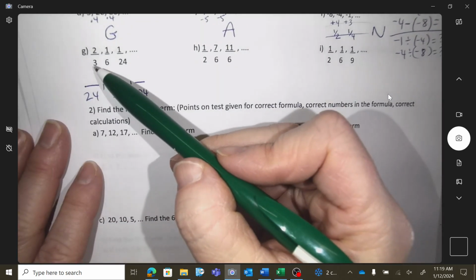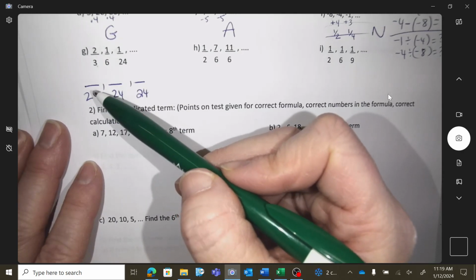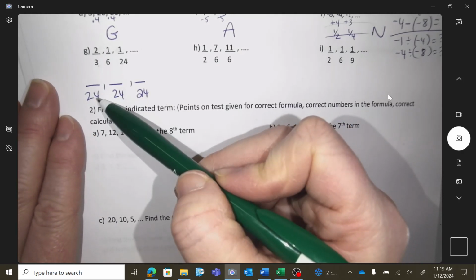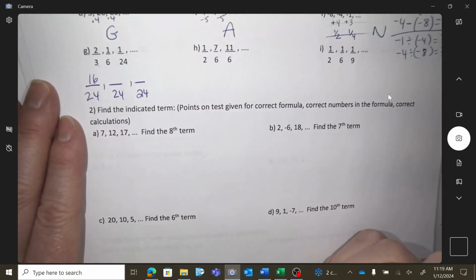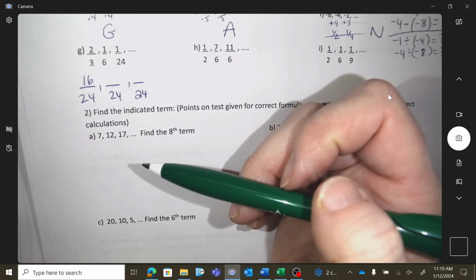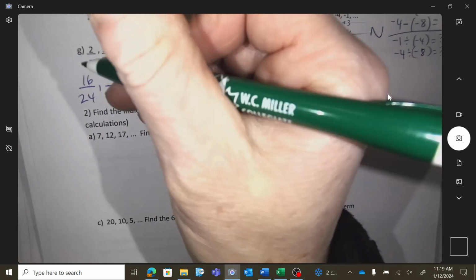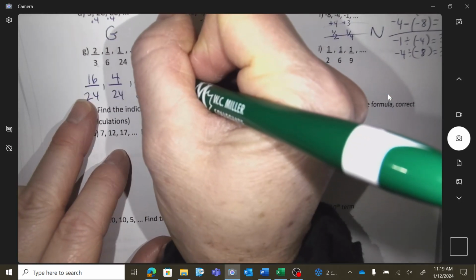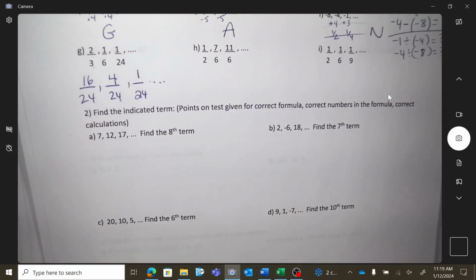So the first fraction should get multiplied by 8. So 16 on the top. 6 times what would have been the 24? 4. And then there was a 1. And then would you see a pattern out of that?